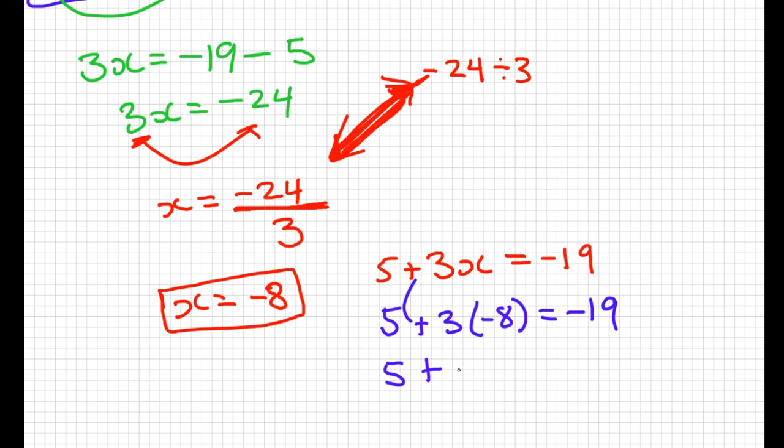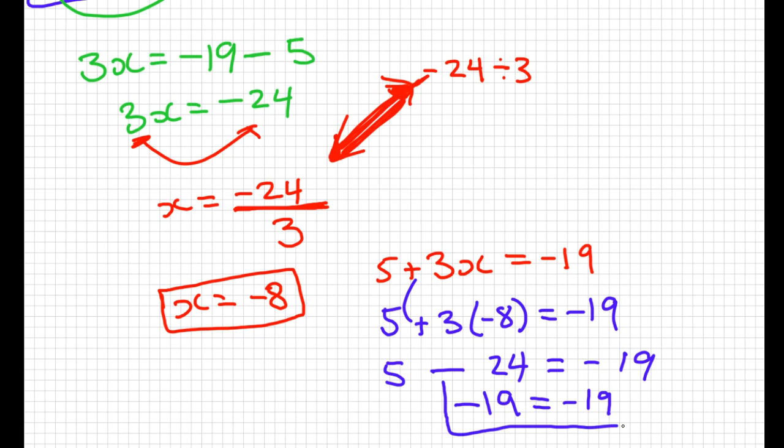So add minus 24. Now, we plus a minus, we get a minus. So 5 minus 24 equals minus 19. Now, is this true? Does 5 minus 24 equal minus 19? Yes, it does. Minus 19 equals minus 19. So, since this is what we got to, that minus 19 equals minus 19, that means we got this correct.